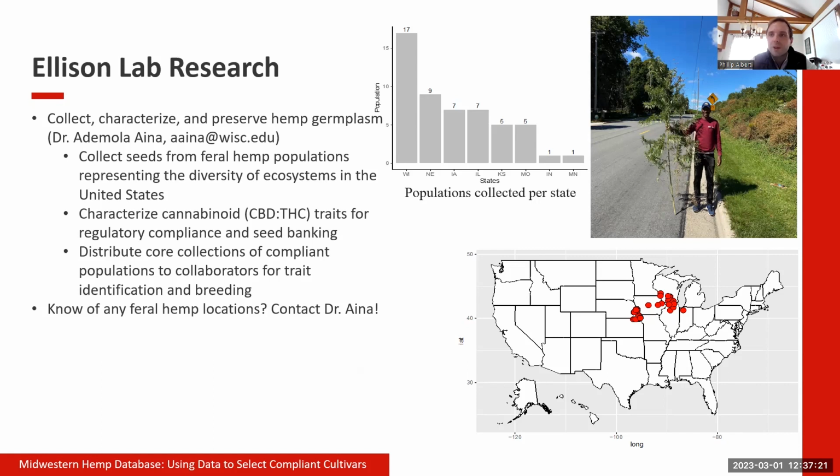We're happy to go out there and explore and look for these varieties or these feral populations to contribute to this larger effort. But we're really looking at traits that regulate CBD and THC production, as well as seed banking, so we have this for future breeding efforts. You can contact myself or Dr. Aina if you have any information on these sites.